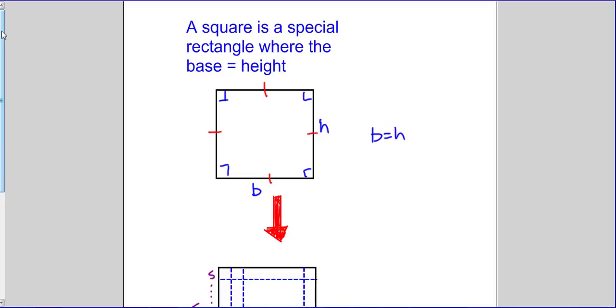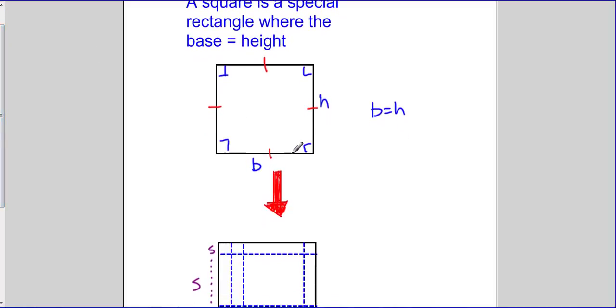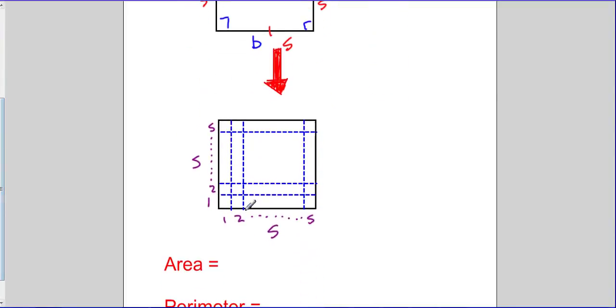Okay, then the square is a special rectangle where the base equals the height. So in other words, B equals H. Well, instead of using B and H there, I could use a single letter, and we usually use the letter S. So I can call all 4 sides have a length of S. So depending on the size of my squares, I have S units this way and S units this way.